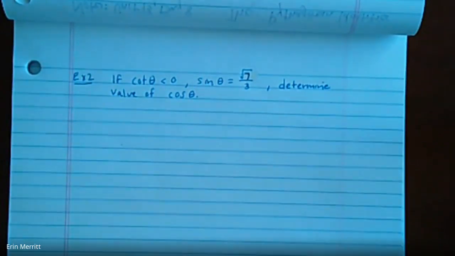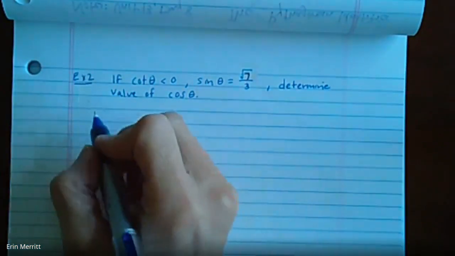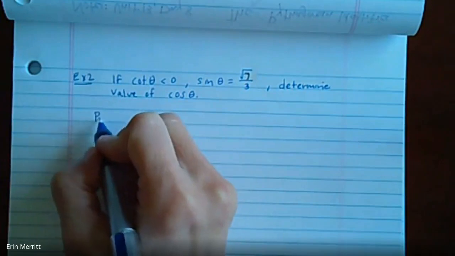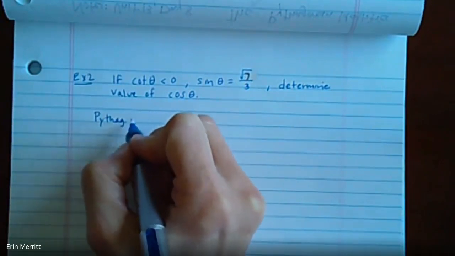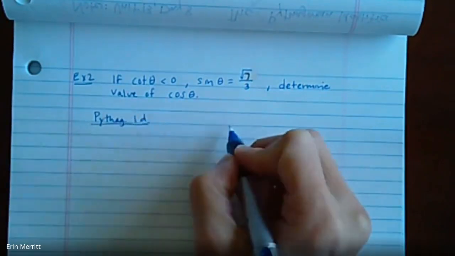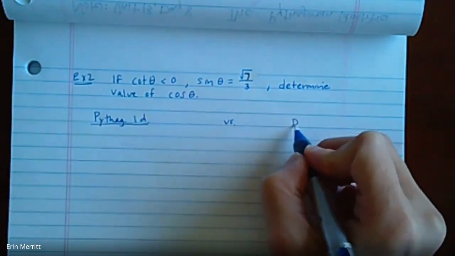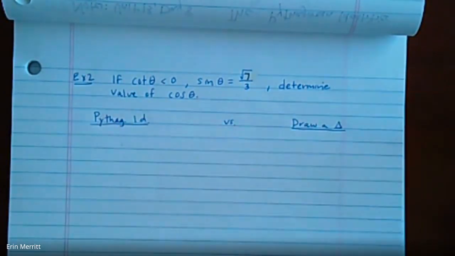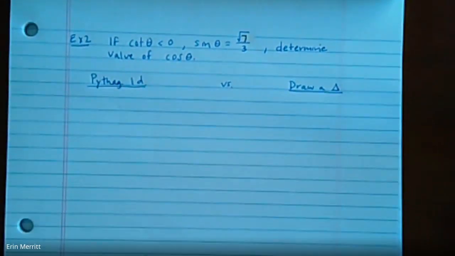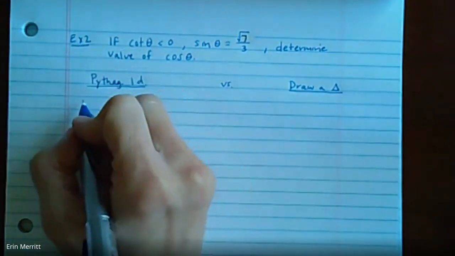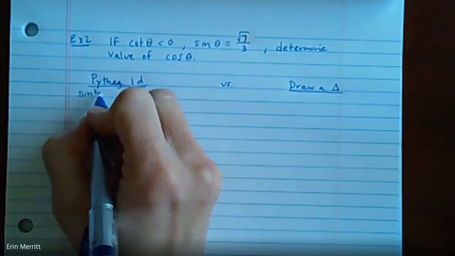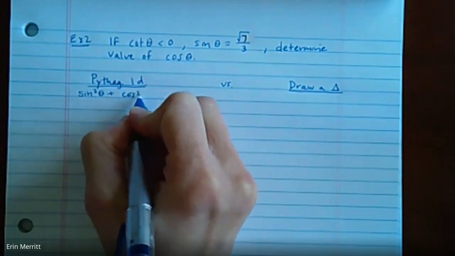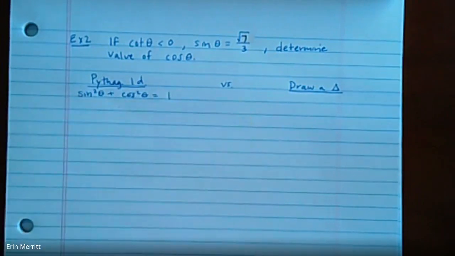Okay. So if we use the Pythagorean identity approach versus if we draw the triangle, we're going to do both. So maybe split your paper up here. All right, here's where the new part comes in. Write it down. The identity is sine squared theta plus cosine squared theta equals 1.